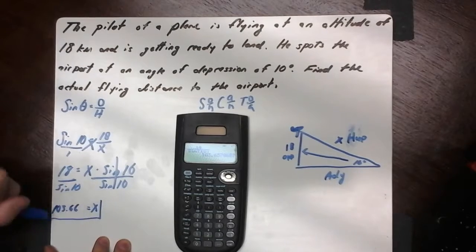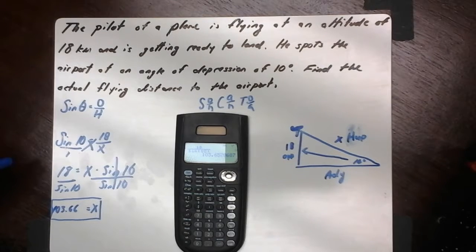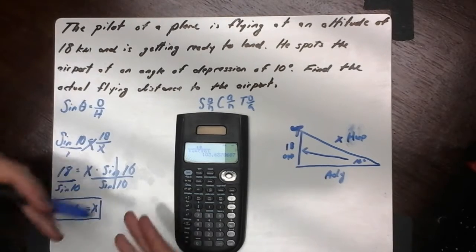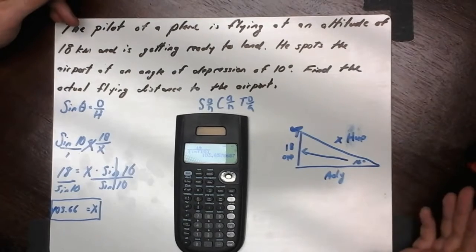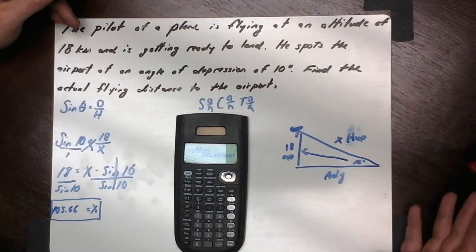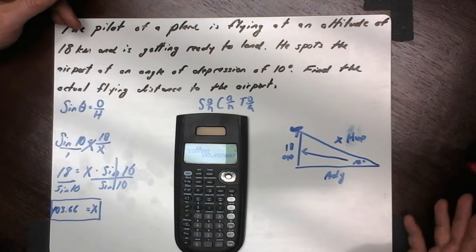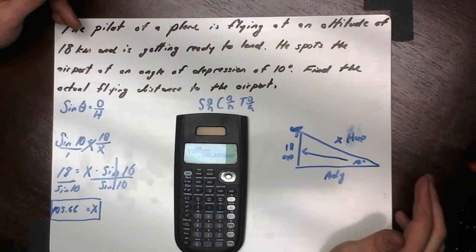Is it more steps? Yes. But you do trig for a little while, then you memorize when to divide and multiply. But then you let it go for a couple of months. Then you go back, and then you forgot. Because when we memorize things, that's not a long-term solution. That's a short-term thing.